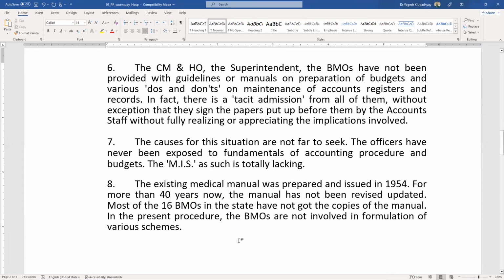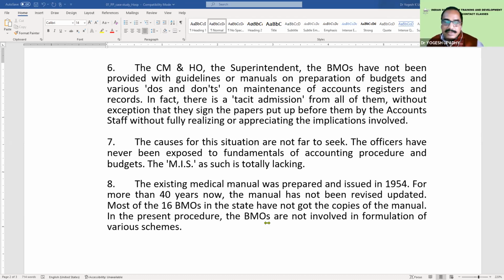In fact, there is a tacit admission from all of them without exception that they sign the papers put up before them by the account staff without fully realizing or appreciating the implications involved. The causes for this situation are not far to seek. The officers have never been exposed to fundamentals of accounting procedure and budgets. The MIS as such is totally lacking.